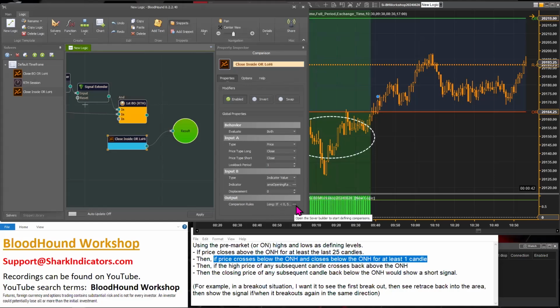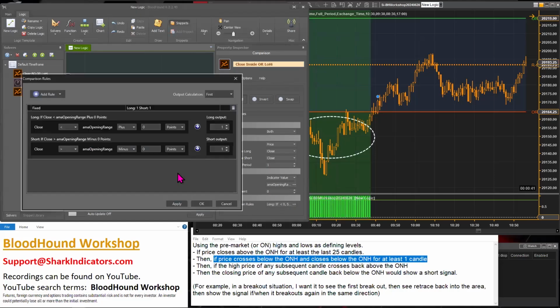The comparison rules need to be modified because we're not looking for the close to be below the lower range. We're now looking for the close to be above that. So we're going to reverse these operators.